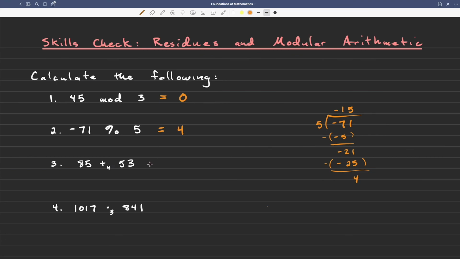On number 3, remember the trick I told you about, you can actually go ahead and compute the residues before you do the addition if you like to get smaller numbers. So the residue of 85 modulo 4 would be 1, and the residue of 53 modulo 4 would also be 1, and so this works out to be 2.